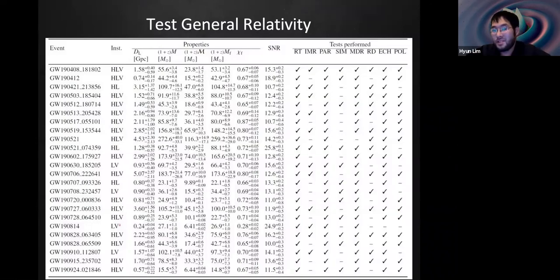Also, this is consistent with general relativity. As you can see, we check all the things. And after careful analysis, the conclusion so far is that we find no evidence for deviation from general relativity. So this gravitational wave event is a really great test bed to check Einstein's theory of general relativity.